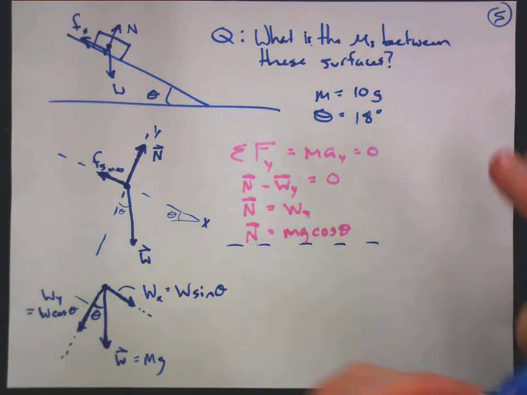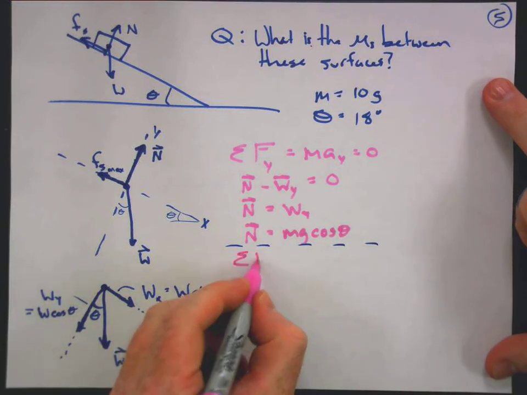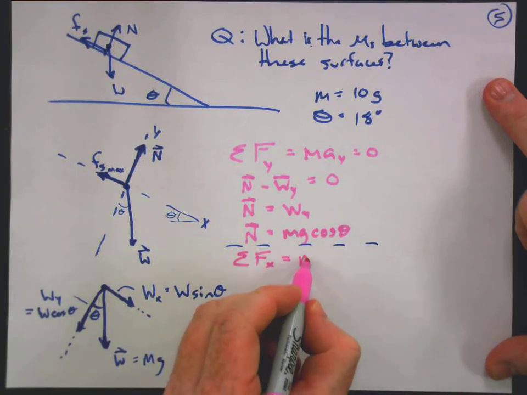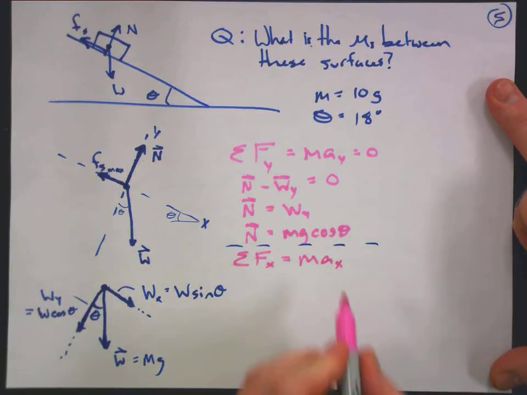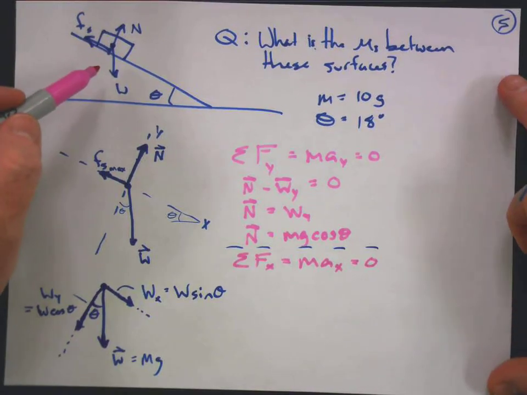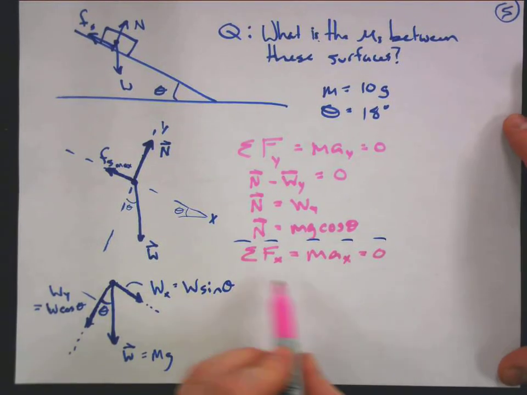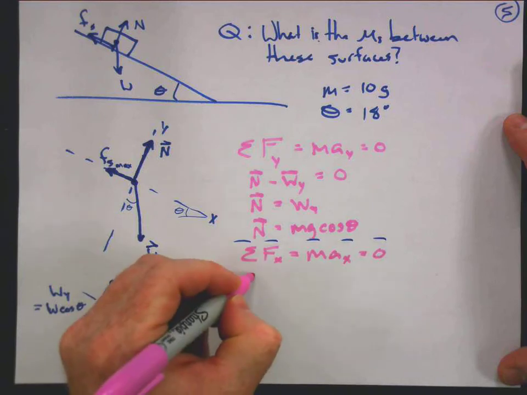Let me do the same kind of thing for the x direction now. Sum of forces in the x direction. This is equivalent to a mass times acceleration in the x direction, but there is no acceleration in the x direction. This is not yet accelerating, it's about to. It wants to almost. And well, what are those forces? Those forces happen to be in the positive x direction. This guy, weight in the x direction.